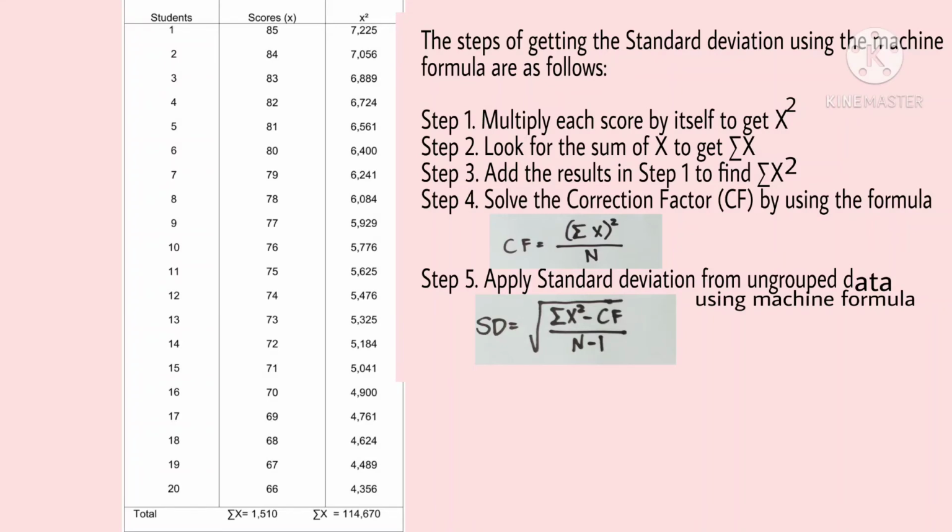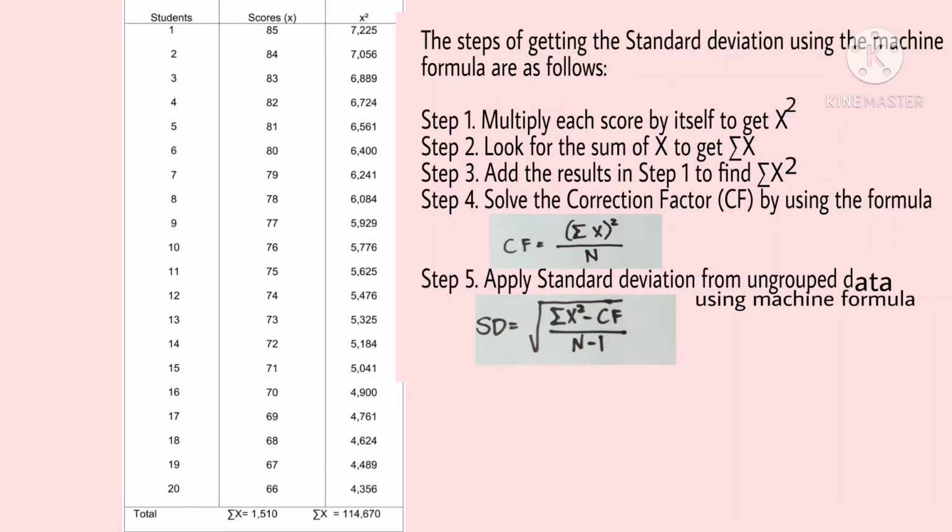And then 77 times 77 is equal to 5,929. 76 times 76 is equal to 5,776. 75 times 75 is equal to 5,625. 74 times 74 is equal to 5,476. 73 times 73 is equal to 5,329. 72 times 72 is equal to 5,184, and 71 times 71 is equal to 5,041.